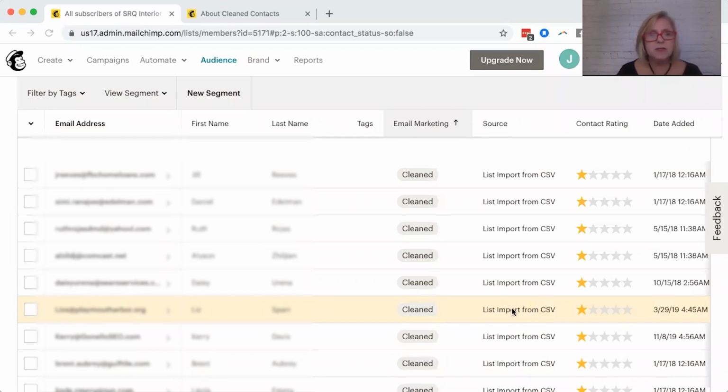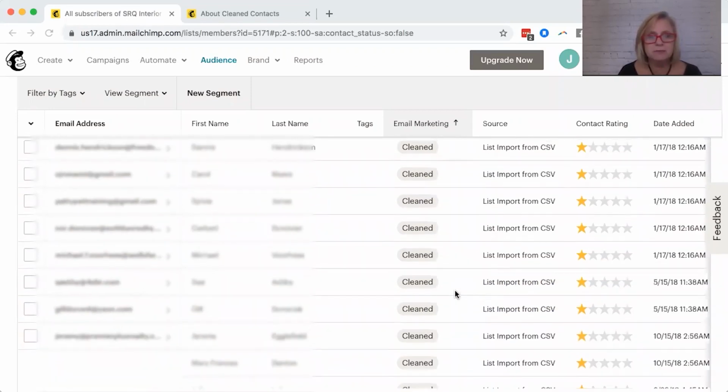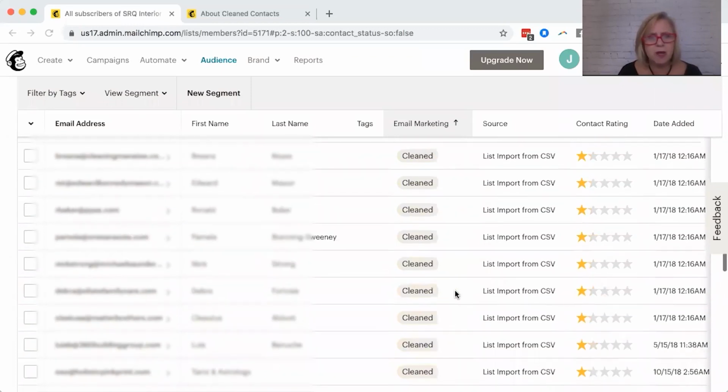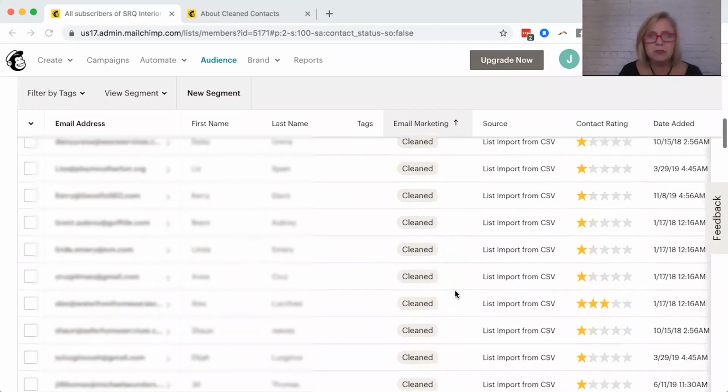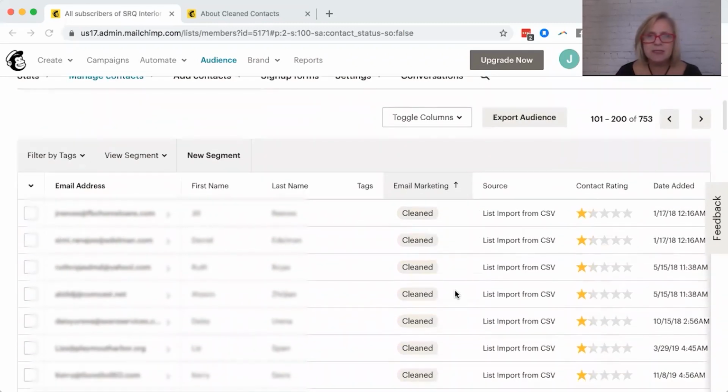Again, there's a column here under email marketing, and that's where we saw unsubscribed, but there's also one label, I guess you could call it, called cleaned. And I think this is actually a really nice feature on Mailchimp that's not a feature on all email programs.